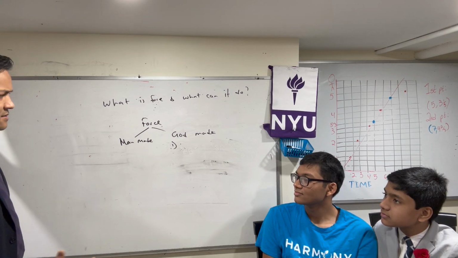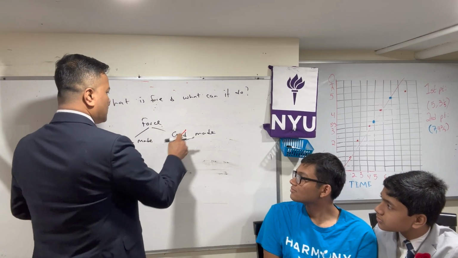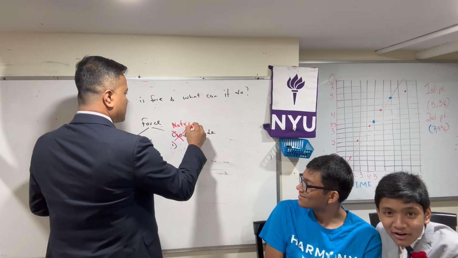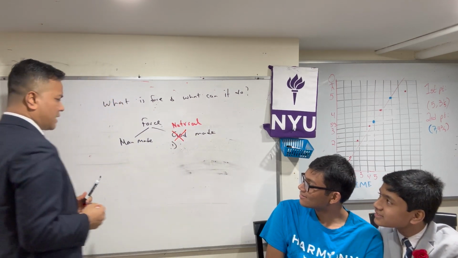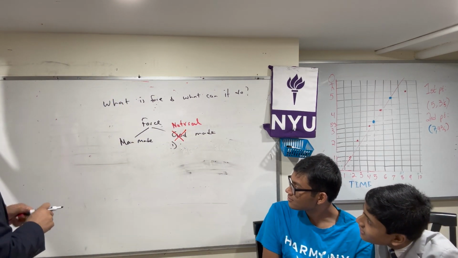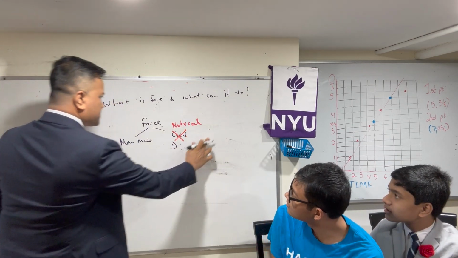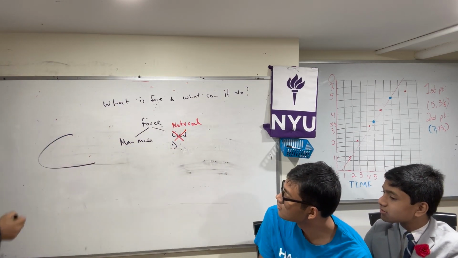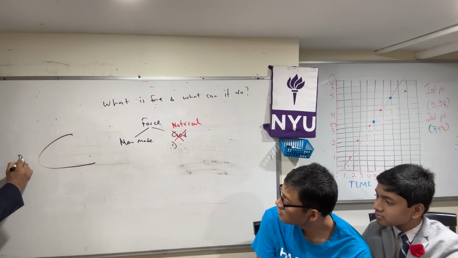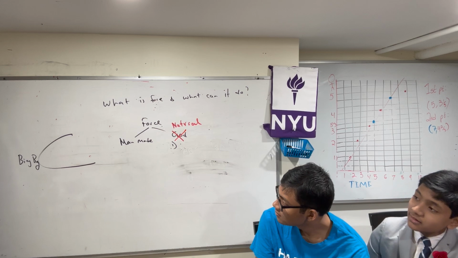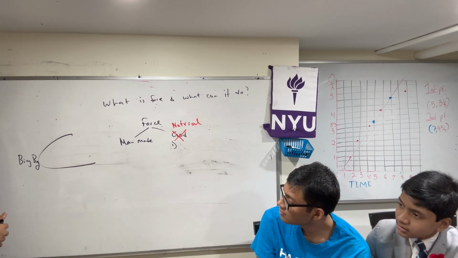Natural, okay, since you guys don't believe in God. So natural-made. Okay, so what happened? This is the Big Bang, right? But why does it have to be a Big Bang? What time did the Big Bang happen?